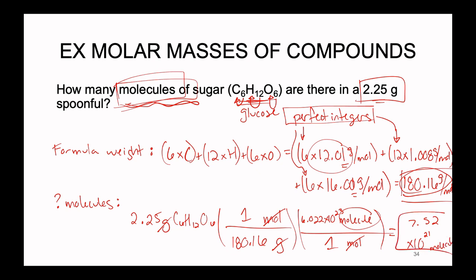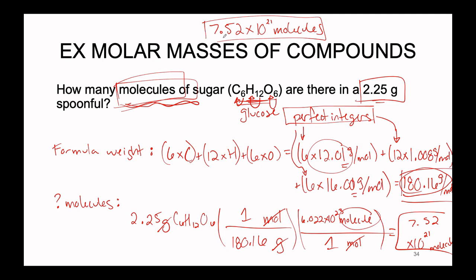There we go. In fact, I'll even just write it up here on the top of the slide just to make it really clear. 7.52 times 10 to the 21st molecules. Right, so that is a 752 followed by 19 zeros, and that's how many molecules that we are, on average, working with when you have a spoonful of sugar.